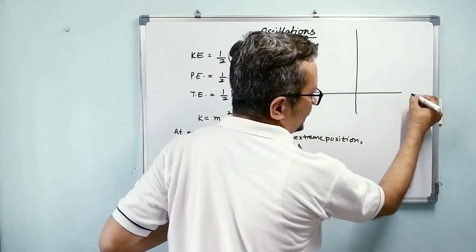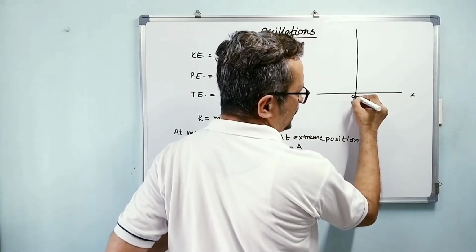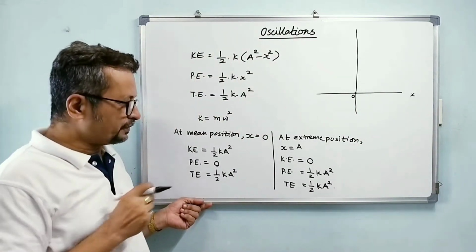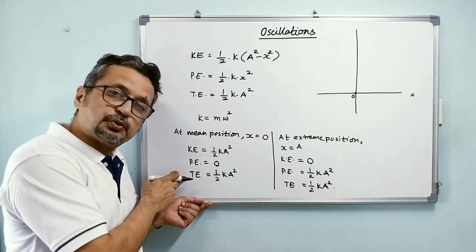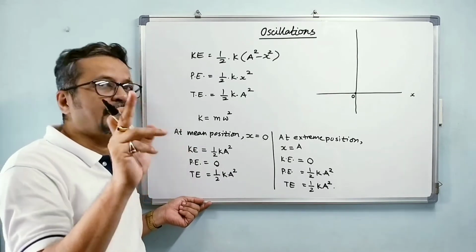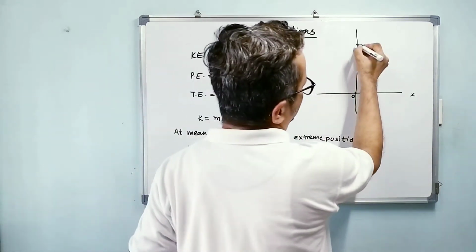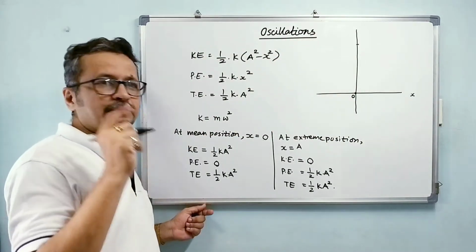So if this is my x and I'm here, this is my O, the mean position. At the mean position, kinetic energy is equal to total energy. That means kinetic energy is maximum at the mean position, so it would be somewhere here.